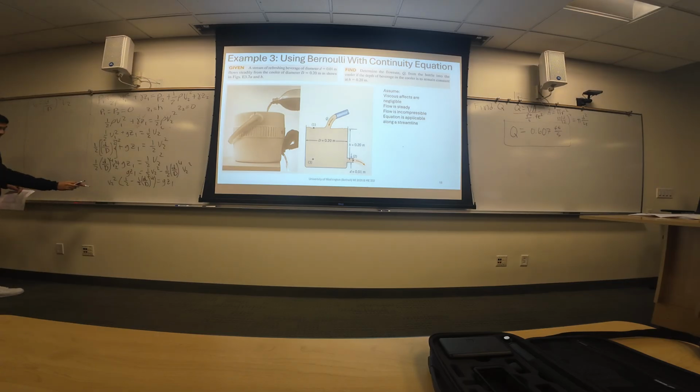Okay, so you're going to get V2 is equal to GZ1 divided by d to the 4, square rooted.